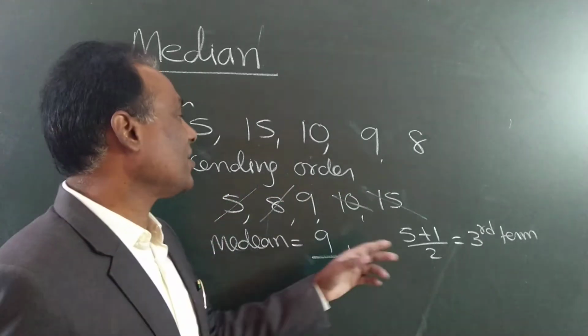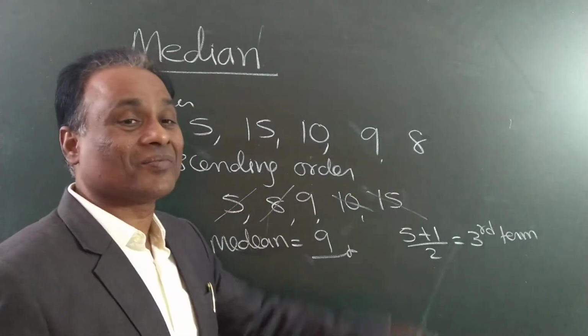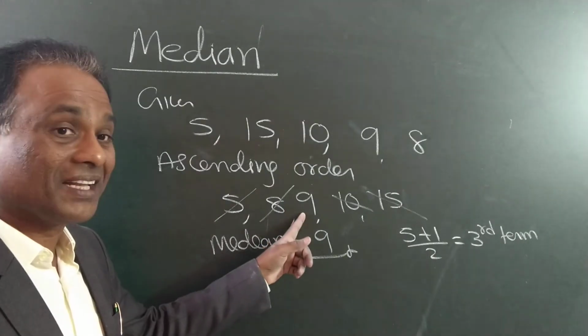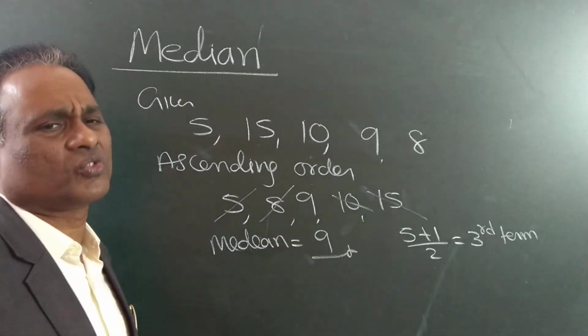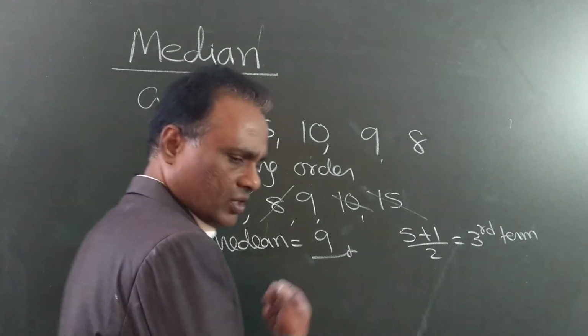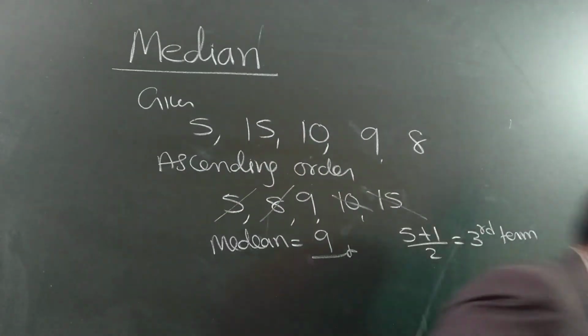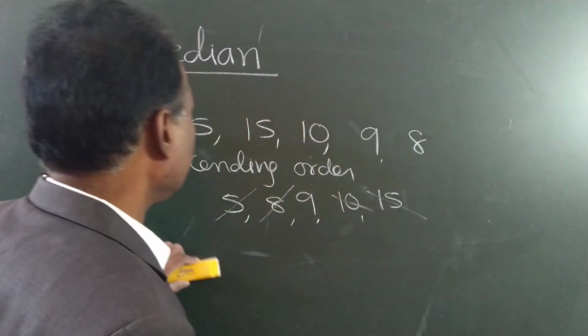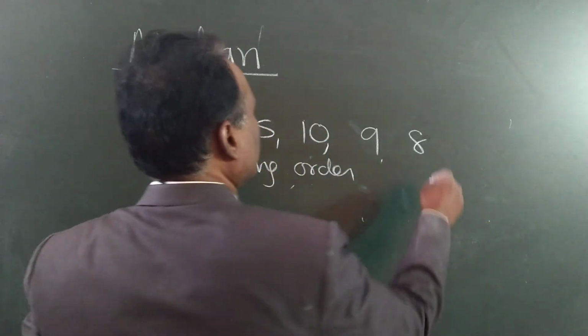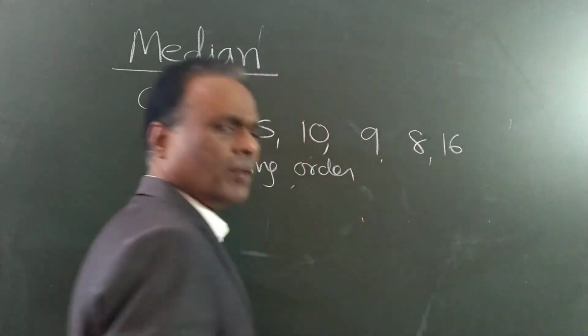If there are an even number of terms, suppose there are 6 terms, then you won't get one middle term. You will get 2 middle terms. In that case, we have to take the average of those 2. Suppose this is over, no? This is the median. Suppose there is another number, say 18.